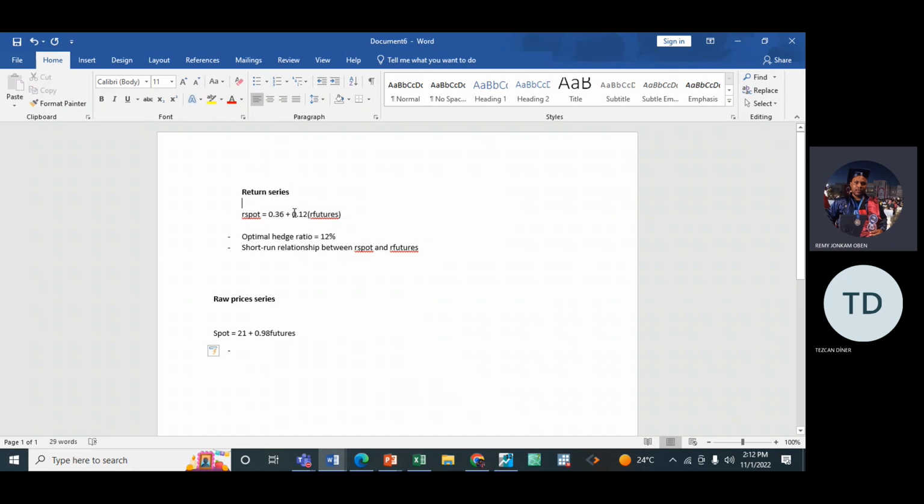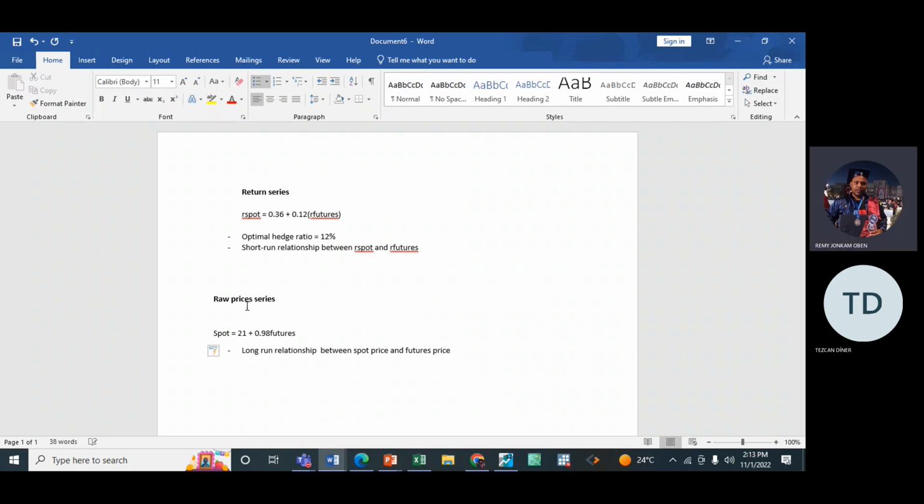So this 0.12 shows us the optimal hedge ratio, and it also shows us the short run relationship. But in this second case where we have used raw prices, this 0.98 shows us the long run relationship between spot price and futures price.